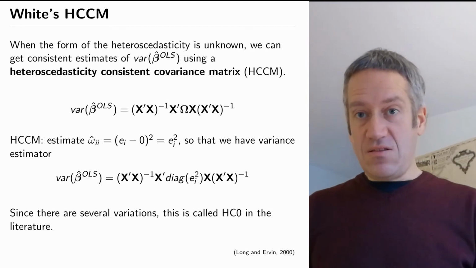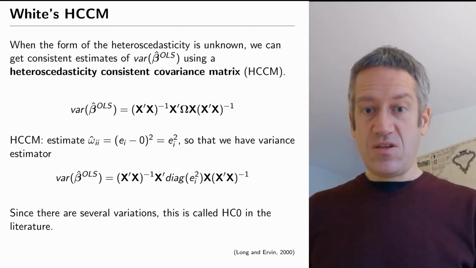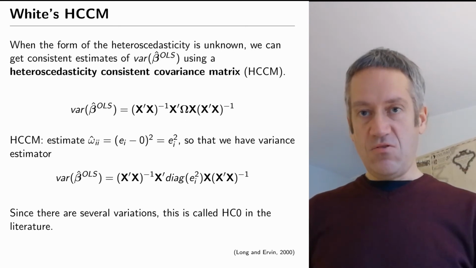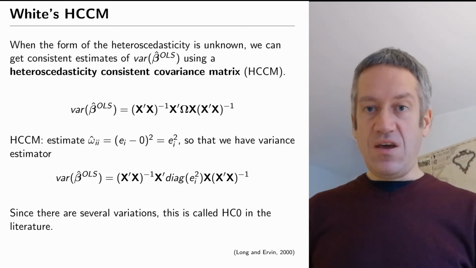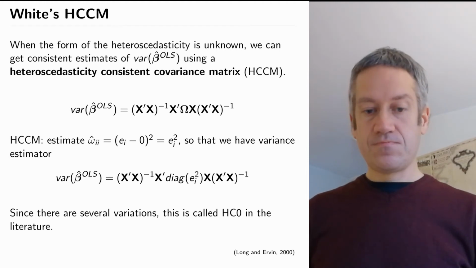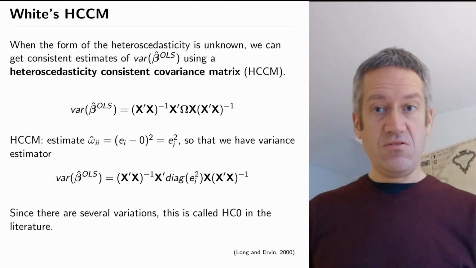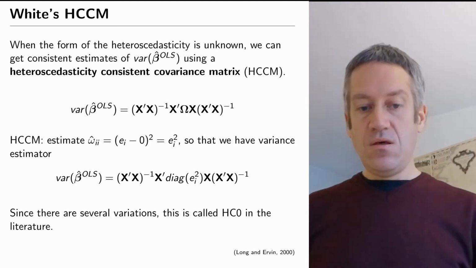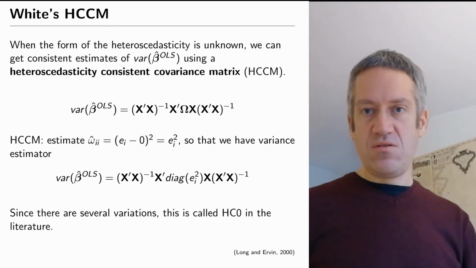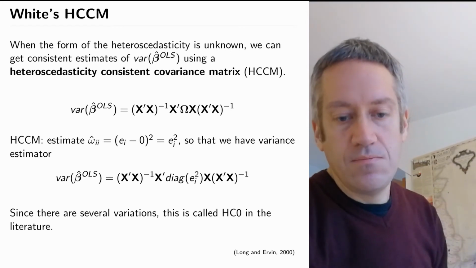And then you can make a new diagonal matrix that you plug in instead of omega, where, as we did in earlier slides, on every point on the diagonal we take the squared residual. So it's a diagonal matrix that still assumes no autocorrelation. And we tend to call this HC0 because it's the first HCCM model.